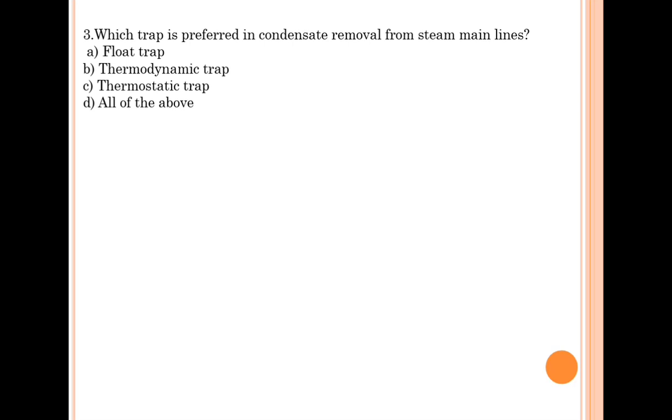Thermostatic type trap works on the principle of change in temperature, and the mechanical type trap works on the principle of change in density, and the thermodynamic trap is the best one, which works on the principle of change in fluid dynamics. So here the answer is thermodynamic trap, that is option B.